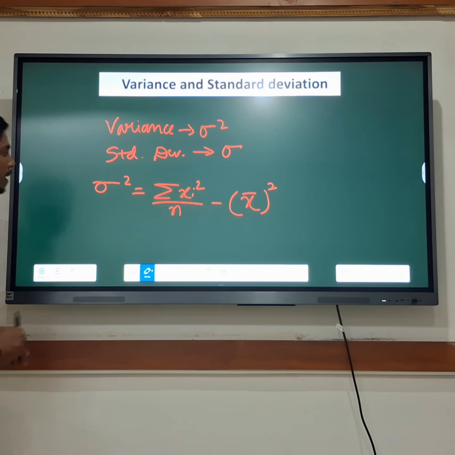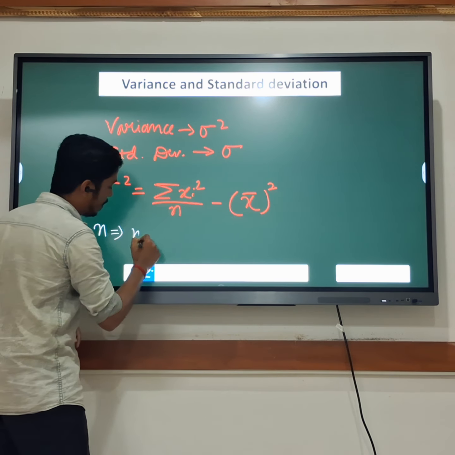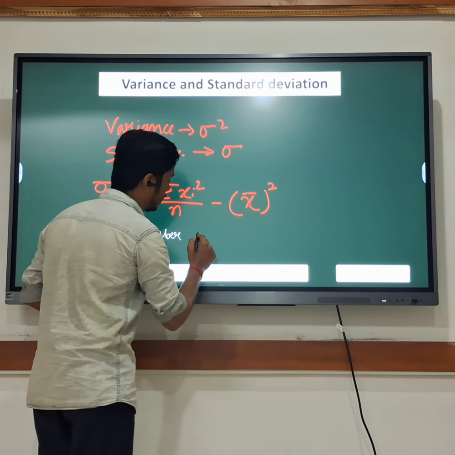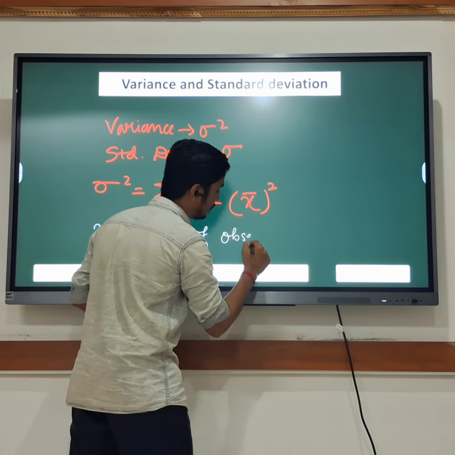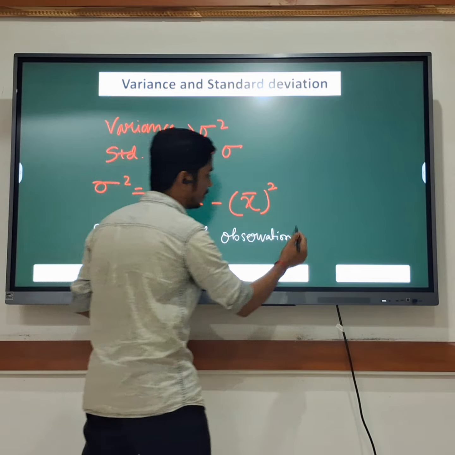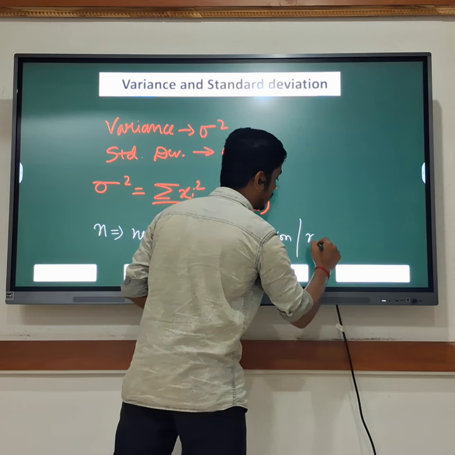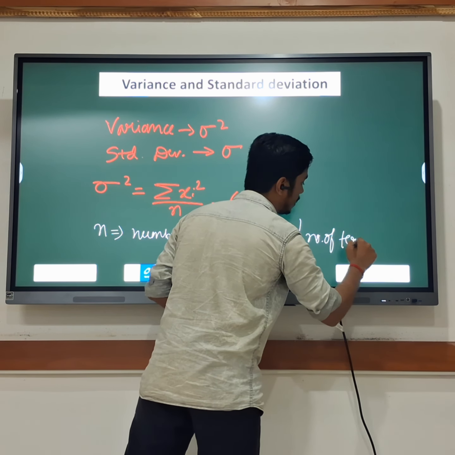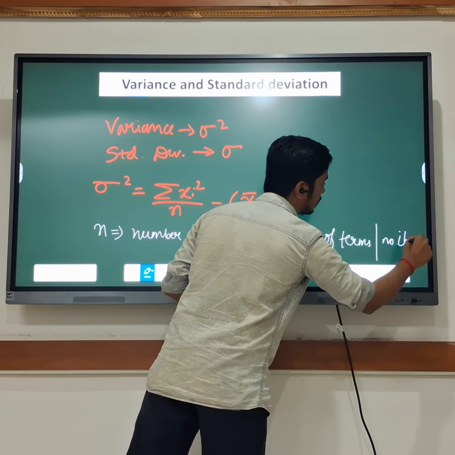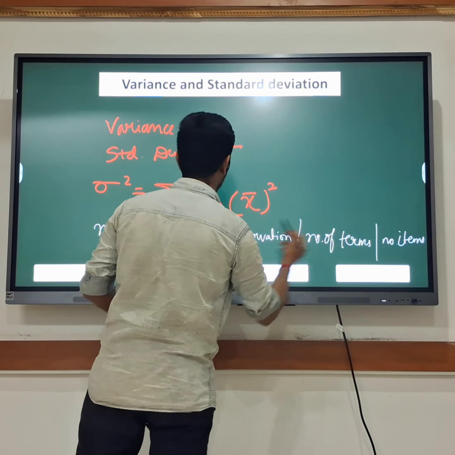Here n is the number of observations, or number of items, or number of terms.